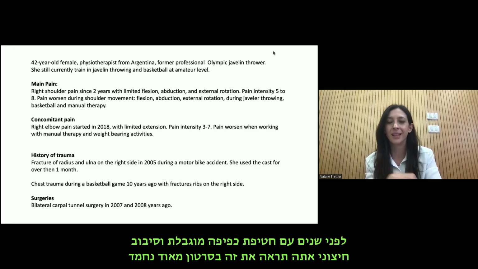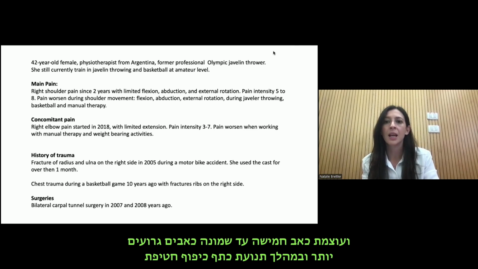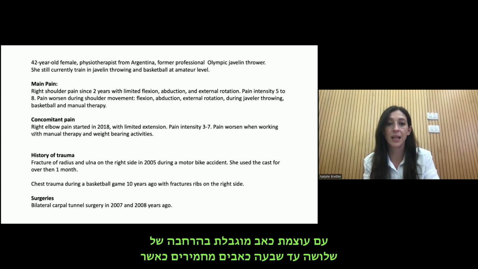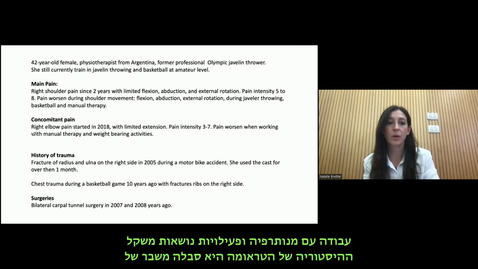You will see it in a video, very nice. Pain intensity 5 to 8, pain worsened during shoulder movement, in flexion, abduction, external rotation during javelin throwing, basketball, and manual therapy. She also has pain in her right elbow that started in 2018 with limited extension, pain intensity 3 to 7, pain worsened when working with manual therapy and weight-bearing activities.